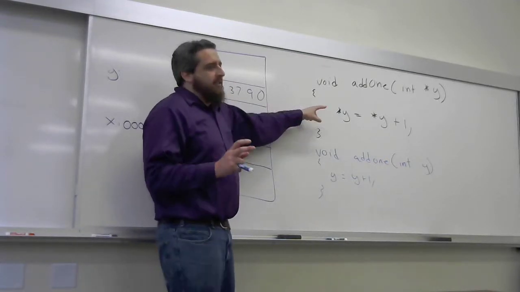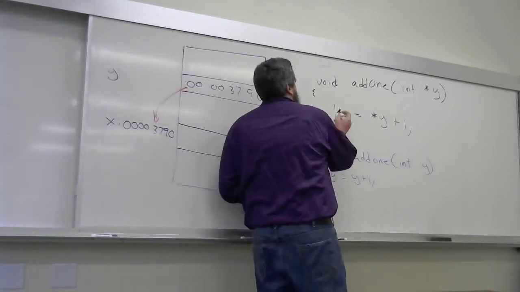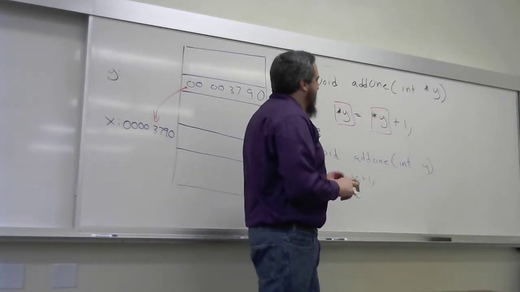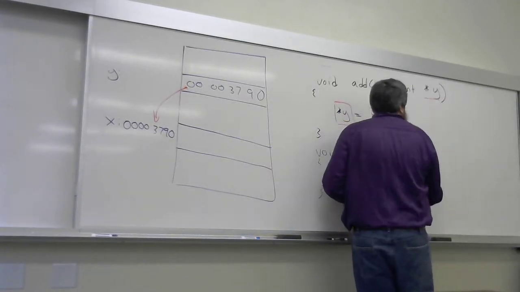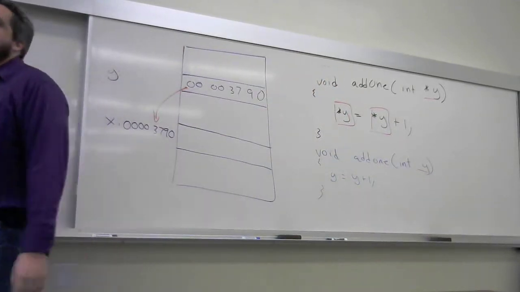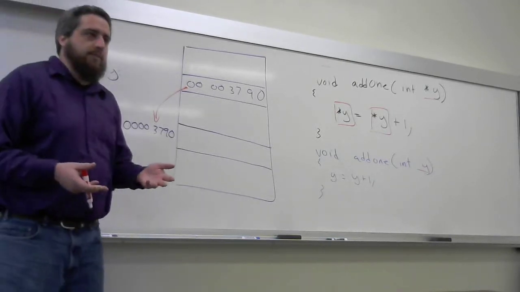But they're subtly different. We have to talk about what these things mean, and how this part here is used. So on the top here, we are explicitly passing by reference. On the bottom, we are explicitly passing by value.